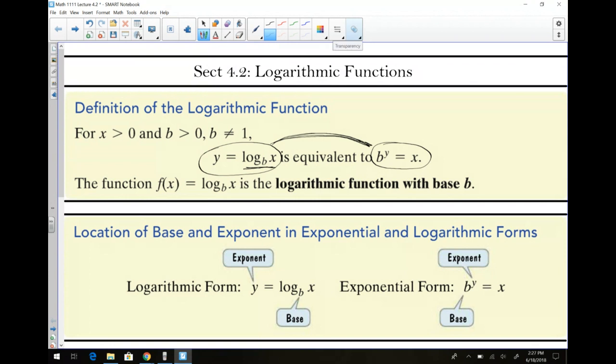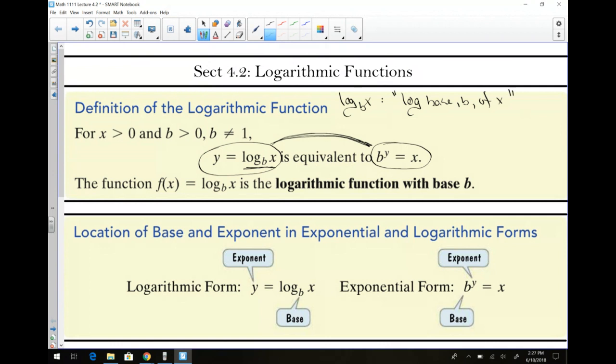So in order to say this properly, remember that log base b of x simply means that you're going to have a logarithmic function written all in terms of x, okay?